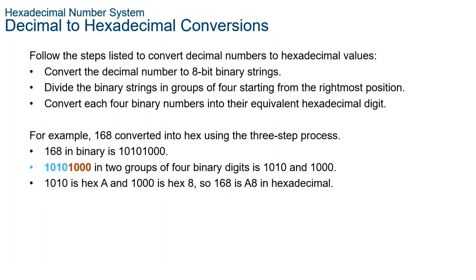Next, we convert each of the 4 binary numbers into their equivalent hexadecimal digit. 1010 is equivalent to 10. How do we get 10? This is 8, 4, 2, so 8 plus 2 is 10, and the equivalent of 1010 is hex A. Then 1000 is equivalent to hex 8. Therefore, 168 is A8 in hexadecimal.